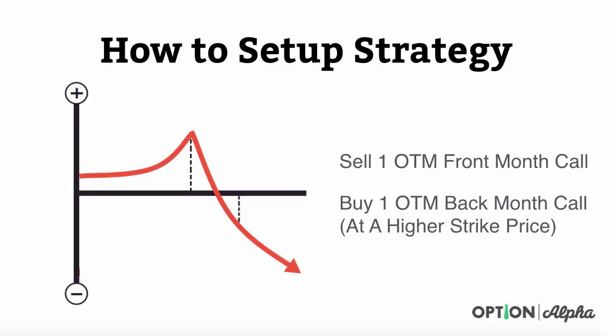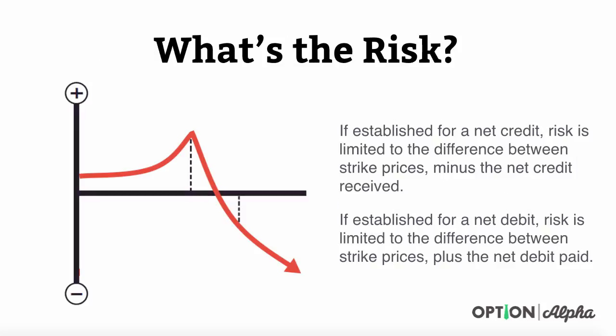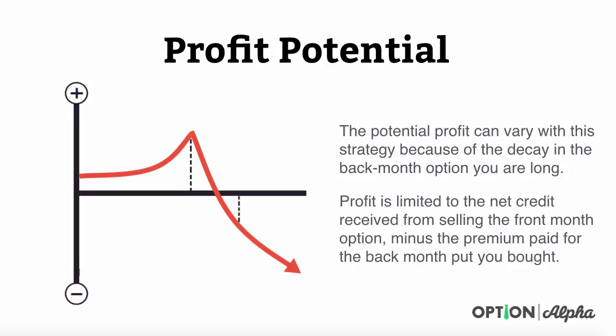What's the risk? If established for a net credit, the risk is limited to the difference between the strike prices minus the net credit received. If you are establishing this position for a net debit, which is usually the case with some of these diagonals, the risk is limited to the difference between the strike prices plus the net debit that you paid.